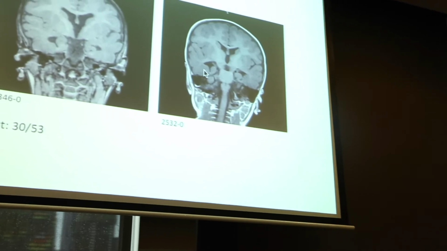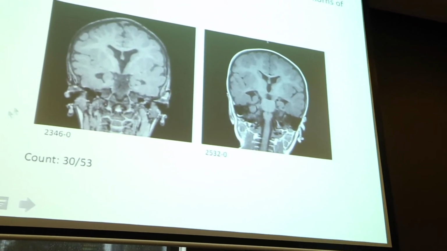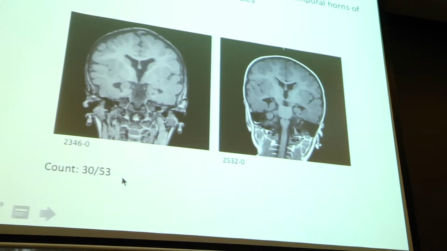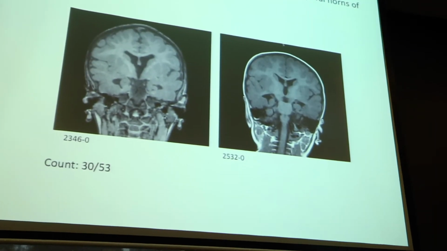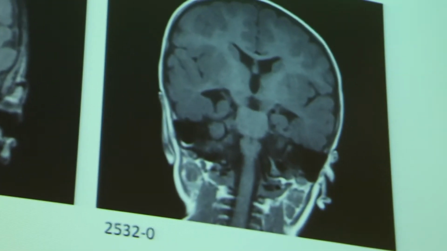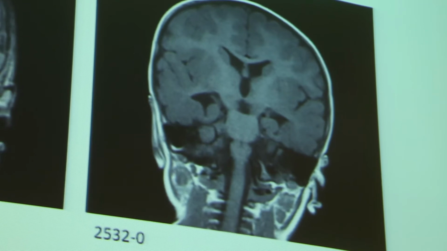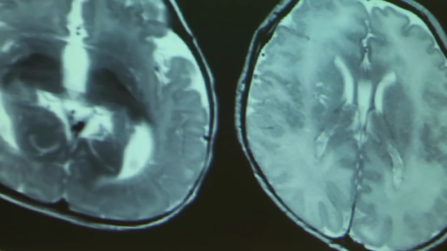And that's something that we see again in 30 out of the 53 individuals. So again, now I can see very characteristic changes of a disorder that's associated with absence or partial absence of the corpus callosum that I wouldn't see with just 3 or 4 kids.